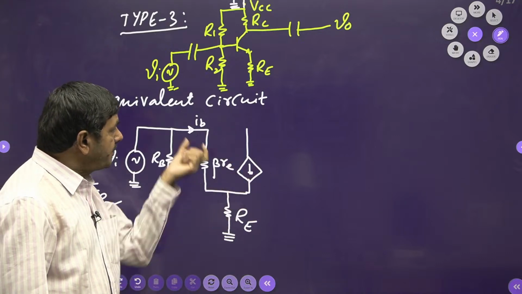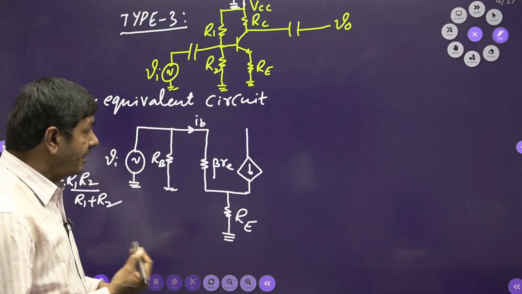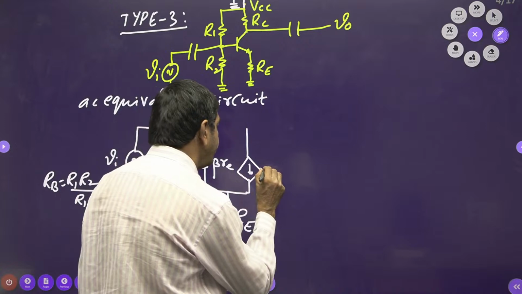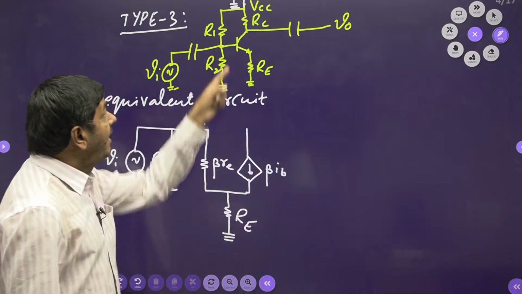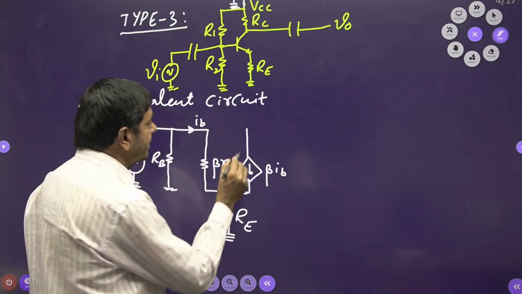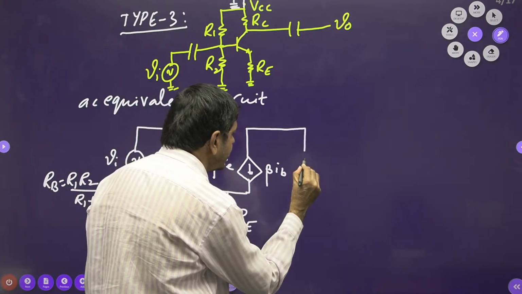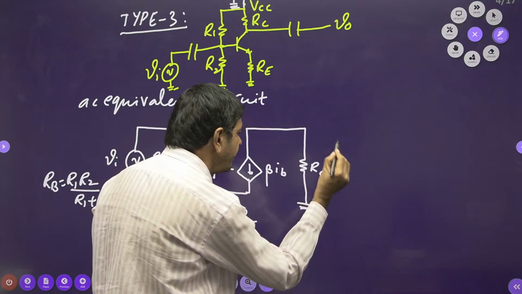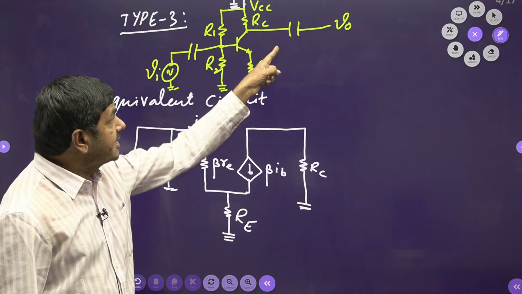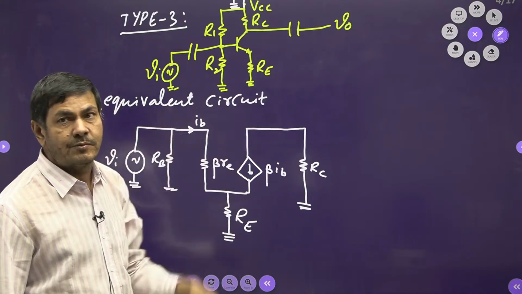This current source depends upon the base current IB, so IC equals beta into IB. RC is connected to the ground. This is RC.